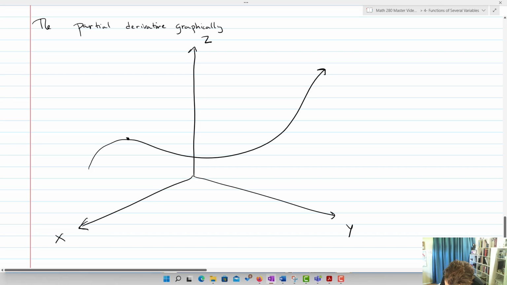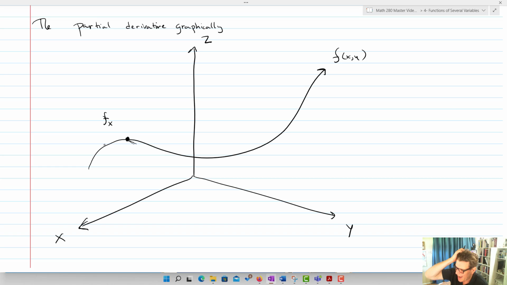Let's imagine that I take this point right there. Here's my function f of x, y, and I want to imagine what happens with f sub x. Now, we're going to imagine that we're only moving along this x-axis, so we hold the y value, whatever this y value is right here, constant.